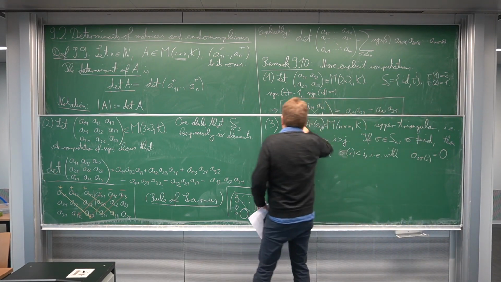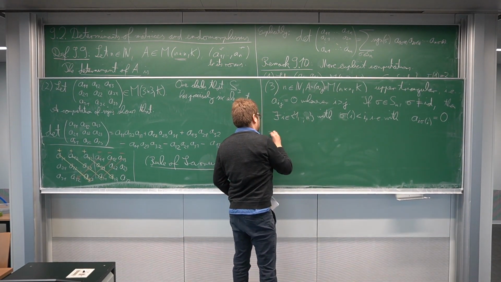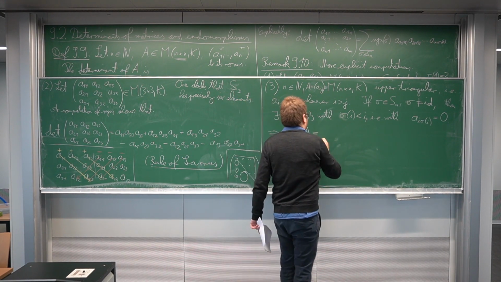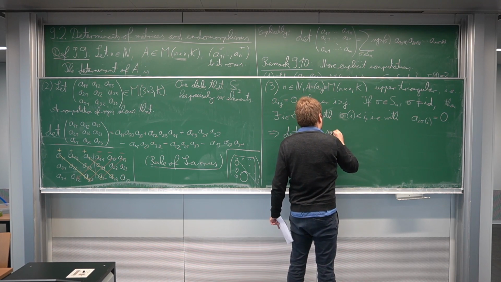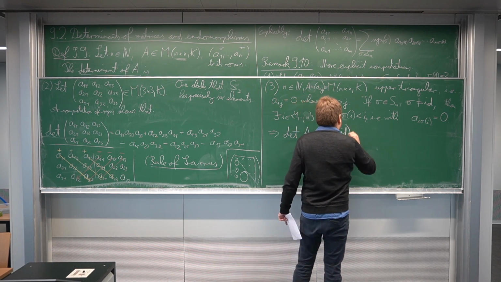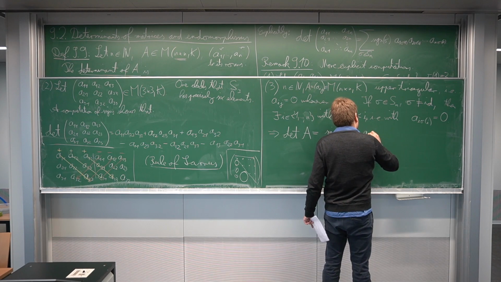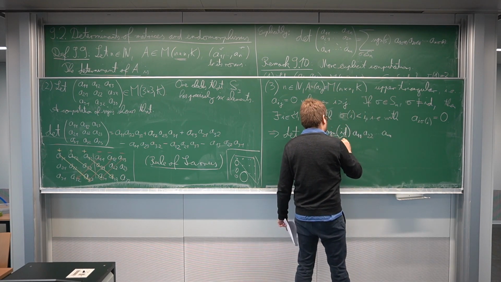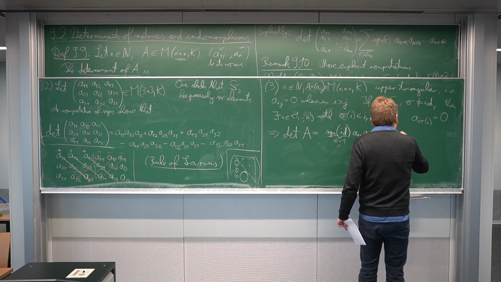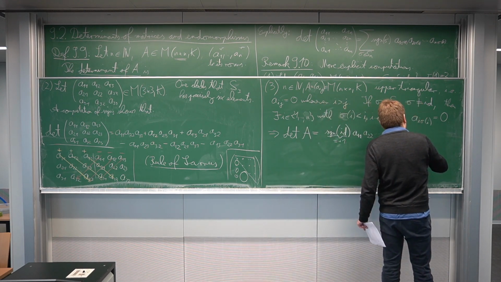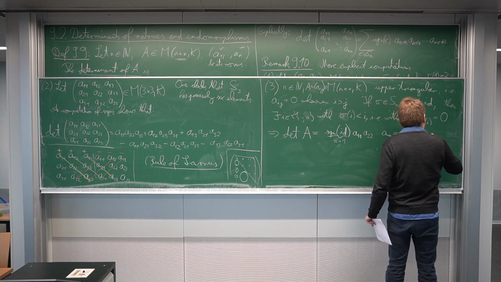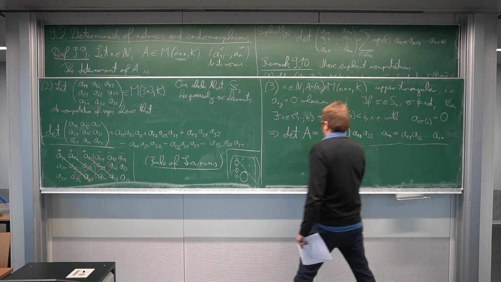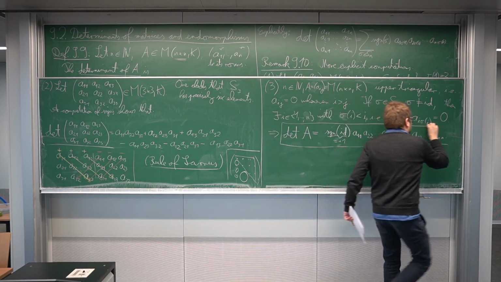So this means the determinant of A is then given as just the sign of the identity times A_11, A_22, and so on to A_nn, and this is of course plus 1, as I mentioned before. So the determinant of an upper triangular matrix is just the product of the entries on the diagonal. So this is something really useful. This is what we will make good use of.